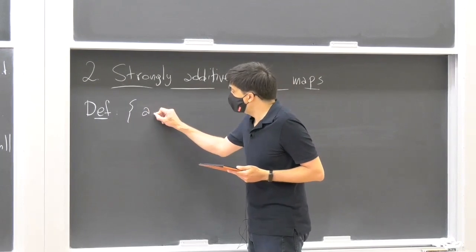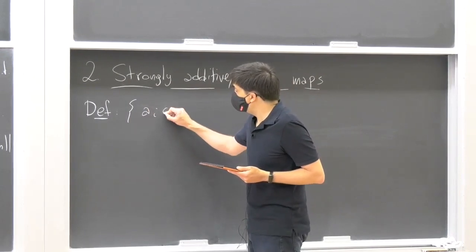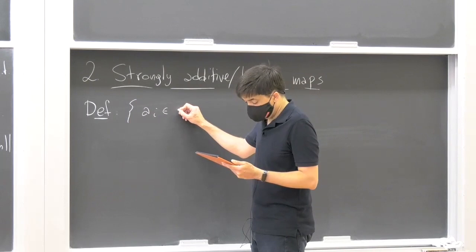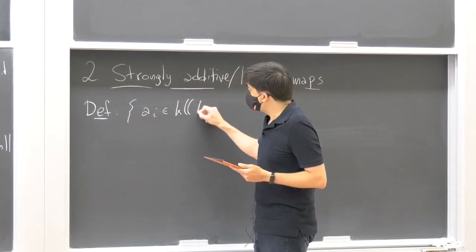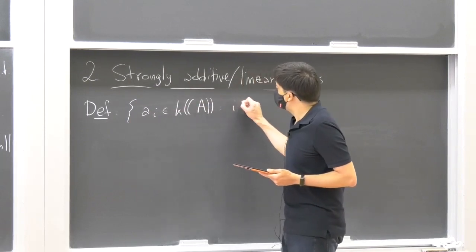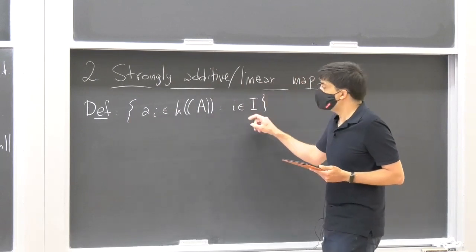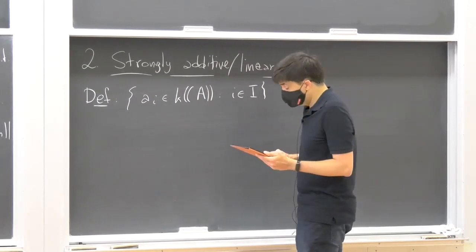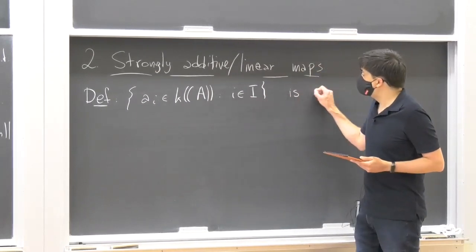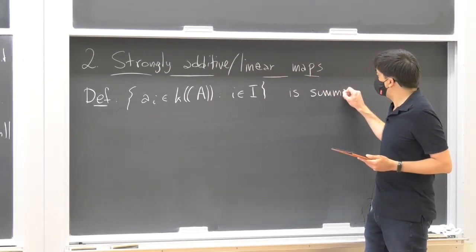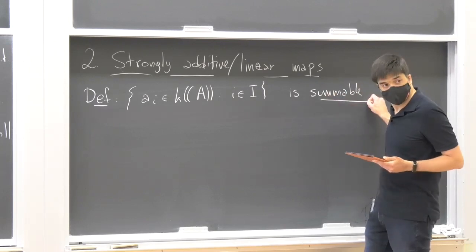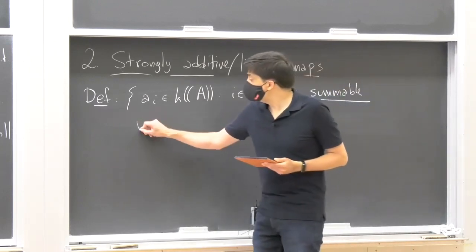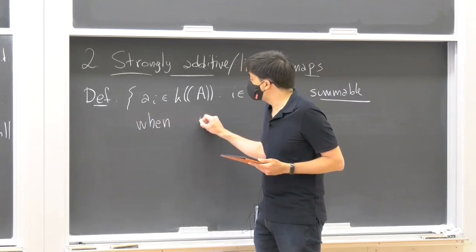Take some family a_i of elements of K((G)), for i, an index moving in some set. And we say that this is summable when two things must happen.